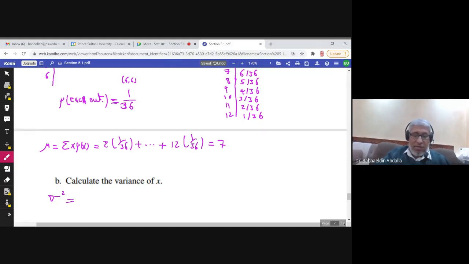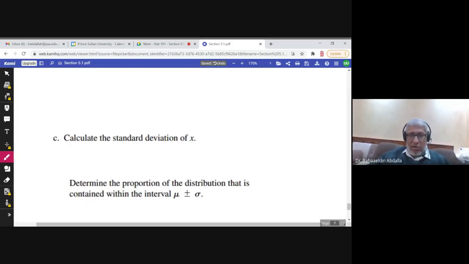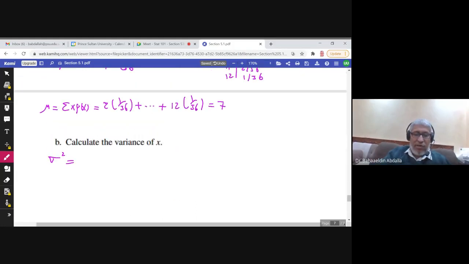And you find the standard deviation. Okay, standard deviation is called sigma, and it is 2.415. And if you square it, you get the variance, which is 5.83333.